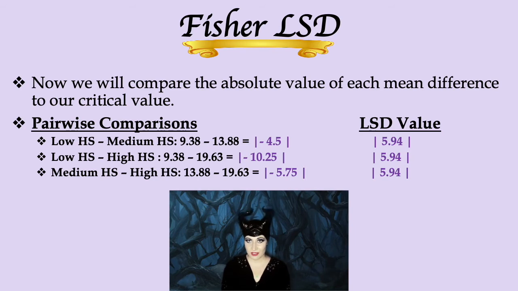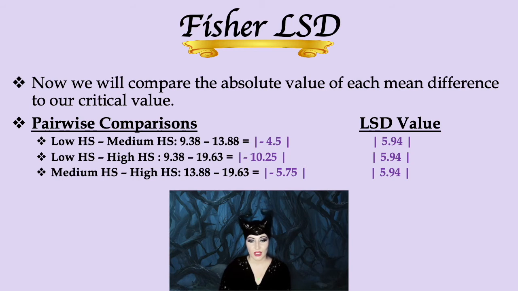So because it's greater, we will conclude that there are significant differences in the number of dreams recalled between the low and high hypnotic susceptibility groups. And then we look at the last comparison, medium versus high, gives us a value of 5.75. Very close, but not quite larger. So it is also going to be less than, concluding that there are no differences between medium and high hypnotic susceptibility.